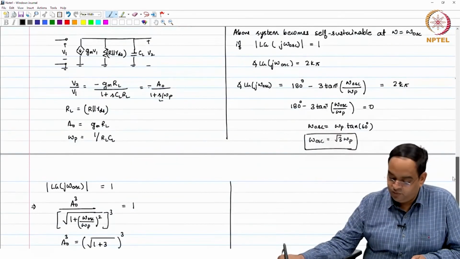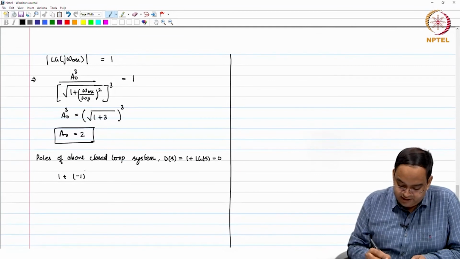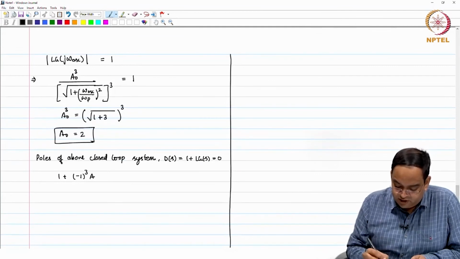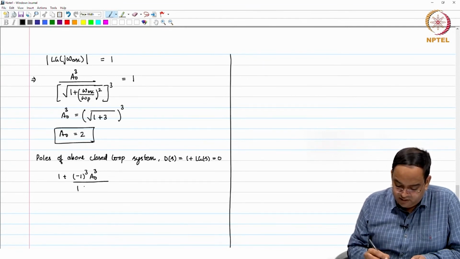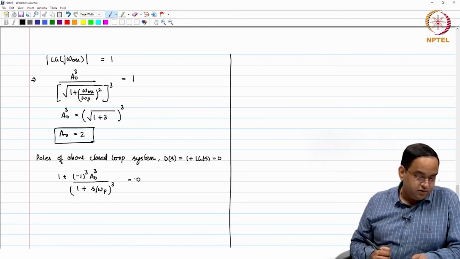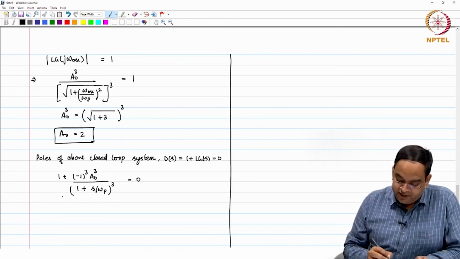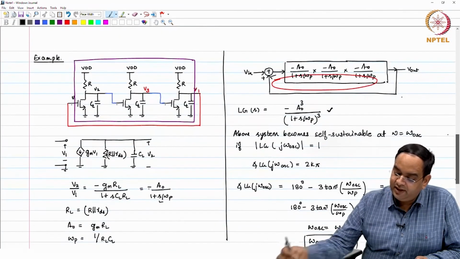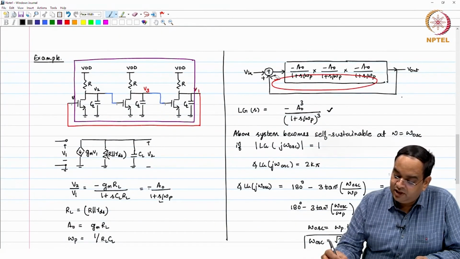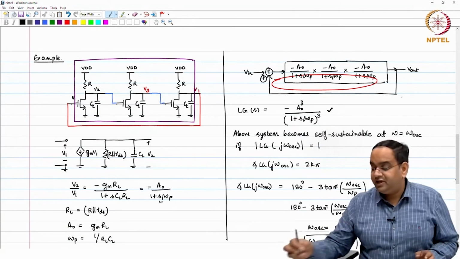So, 1 plus loop gain is minus 1 cube into A naught cube divided by 1 plus S by omega p whole cube is equal to 0. Okay. So, here we find the poles of this closed loop. One important thing here is that in this particular case, you are actually closing the loop with a positive sign.